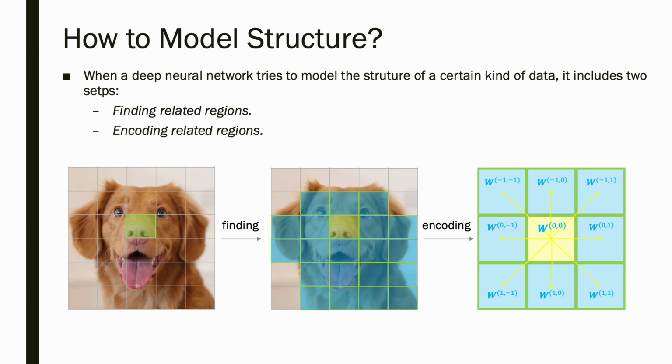Then we encode the related patches into a representation. This is also applicable to natural language processing. We first look for the words related to a question, and then encode those words to generate the answer. When developing a network to process 3D point lists, we also follow this finding-and-then-encoding law.